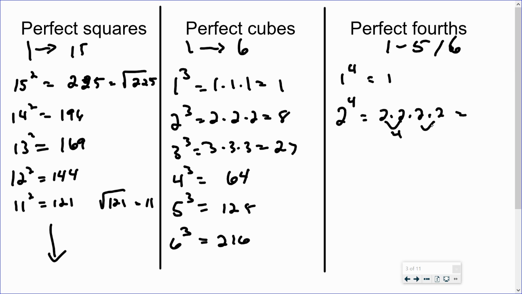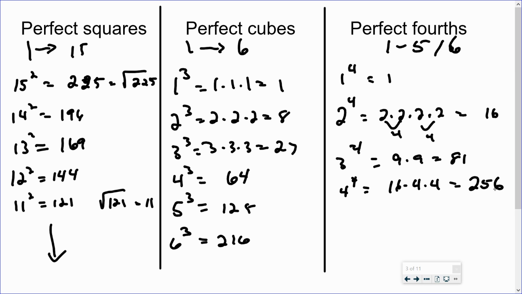This is 4 times 4, 16. 3 to the fourth is 9 times 9, 81. 4 to the fourth is a little more tricky: that's 16 times 4 times 4, so that's 256. 5 to the fourth is 625. And I take that back, I don't know 6.